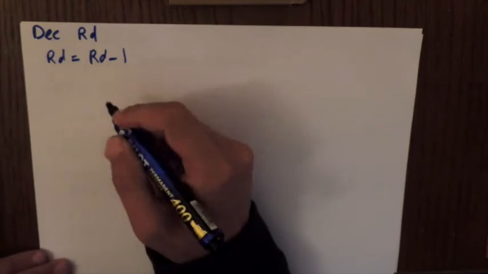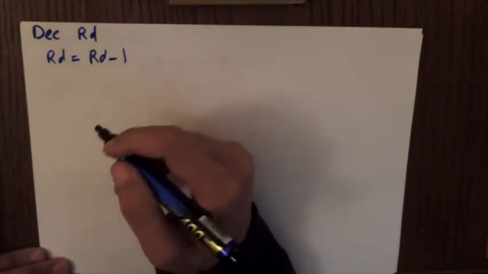So I'm going to go over them really quickly. We have decrement RD, and what it does is RD is equal to RD minus 1. So same effect, just decrementing the value.